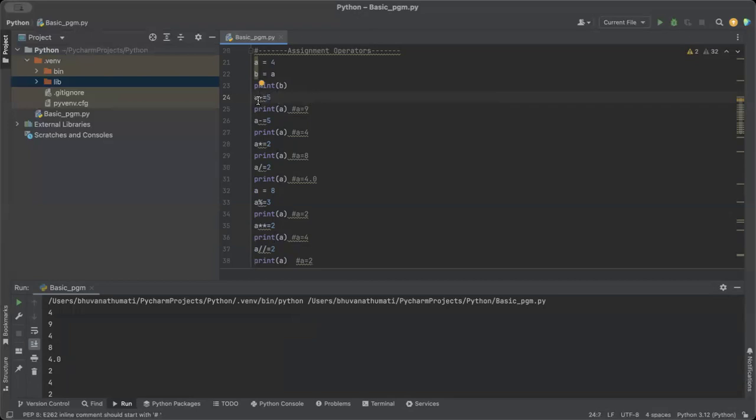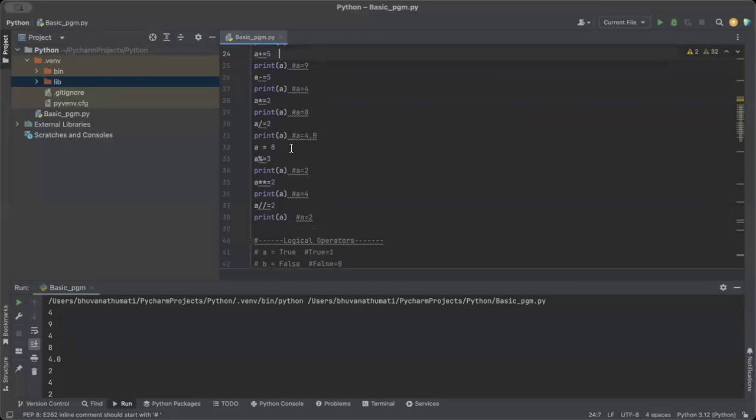So here, A equals to A plus 5. A is already 4, 4 plus 5 is 9, so output is 9. Currently A is 9. 9 minus 5 is 4, so A is 4. 4 into 2 is 8, so currently A is 8. 8 divided by 2 is 4.